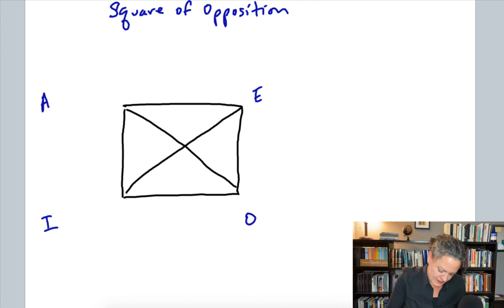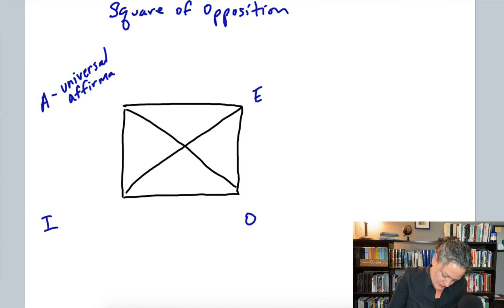So A statements are universal and affirmative. Universal means all of them, every single one of them. Affirmative means is. So whenever you make an all is statement, it's an A statement, and we're just going to put S and P as placeholders for a subject term and a predicate term, where a subject term is any concept.